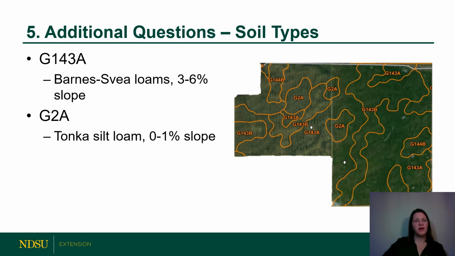We know that this soil type is G143A. It's a Barnes-Cavour loam. We have 3 to 6% slope in that area. Now the other part of the field that we're having an issue is GTA, and this is a Tonka silt loam with a 0 to 1% slope. So maybe these soil types can be involved in what we're seeing.